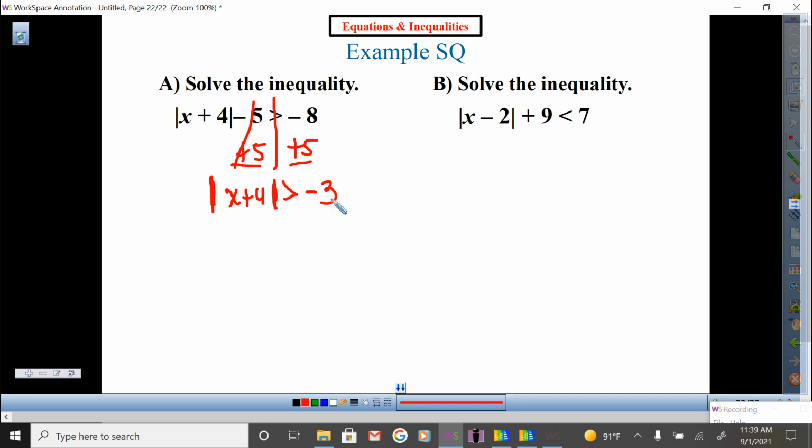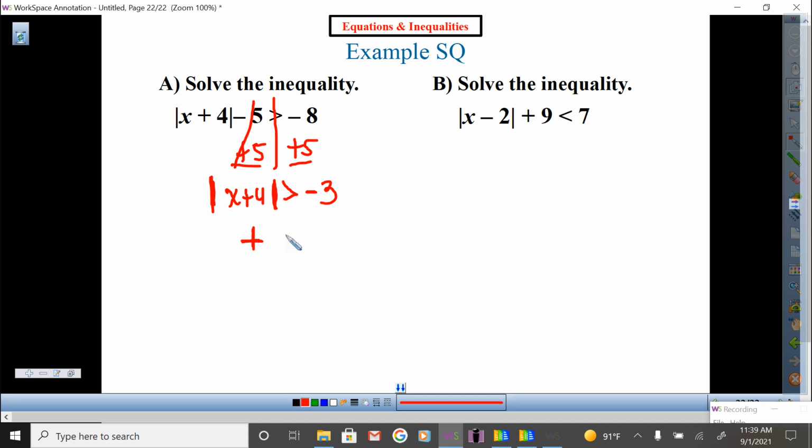Isn't that a red flag? It's a negative number, is that correct? So let's think this through. What did we say absolute values were? The distance from 0, and we can only count in positive. So that means it doesn't matter what's in here, we're always going to get a positive.